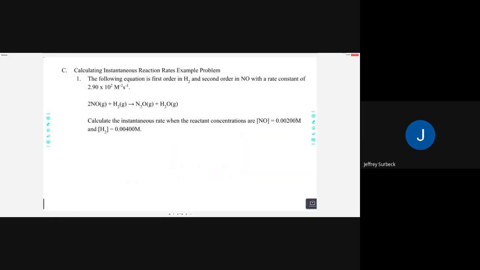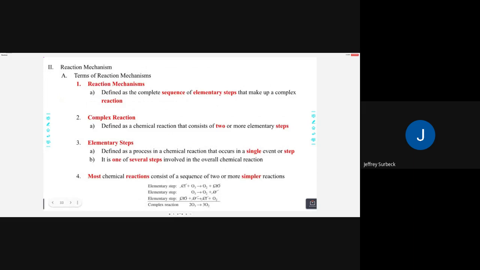Reaction mechanisms. If we think back to collision theory, it says reactants have to smack each other with enough force and be oriented in the proper direction. However, chemical reactions are a little bit more complicated than that.